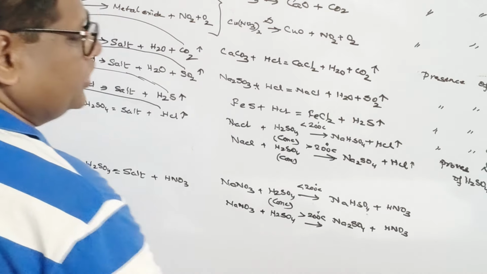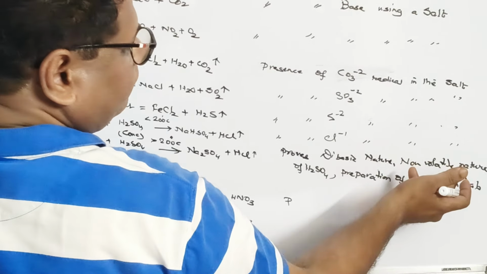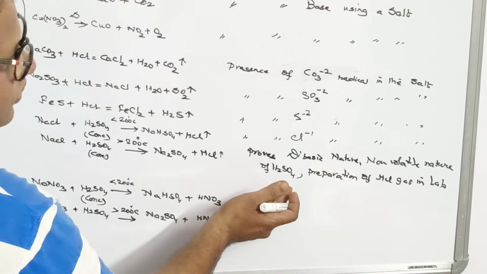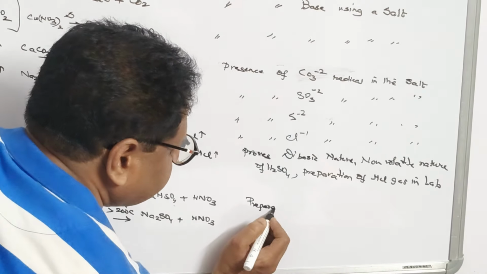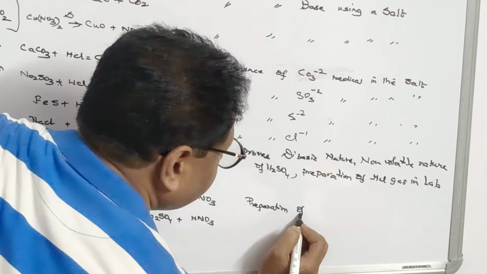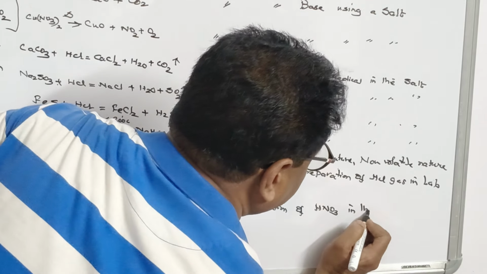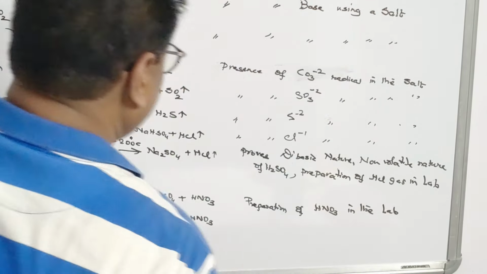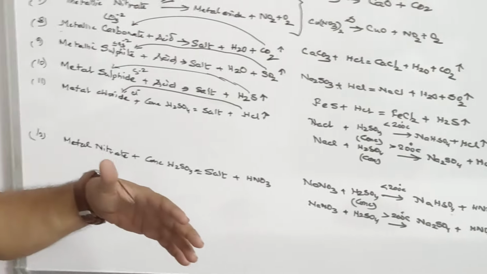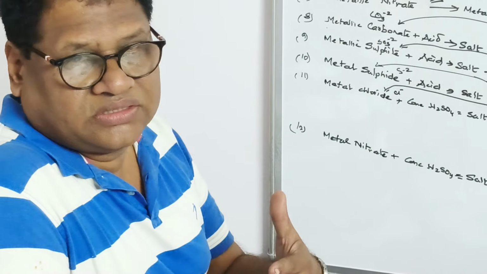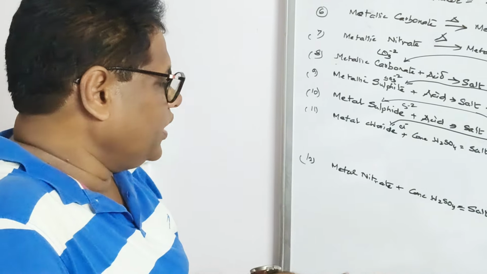So this proves the dibasic nature and non-volatile nature of H2SO4 and the preparation of HNO3 in the lab. So this is the importance, because you feel that the chemical reactions are very difficult. No, if you go through these rules, so many questions can be linked up.